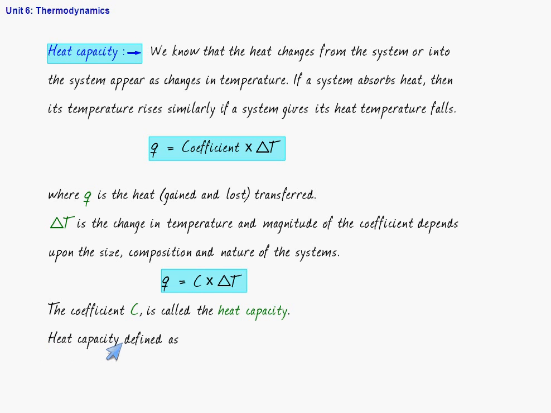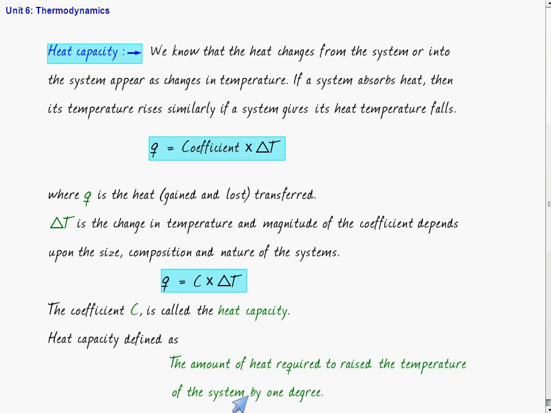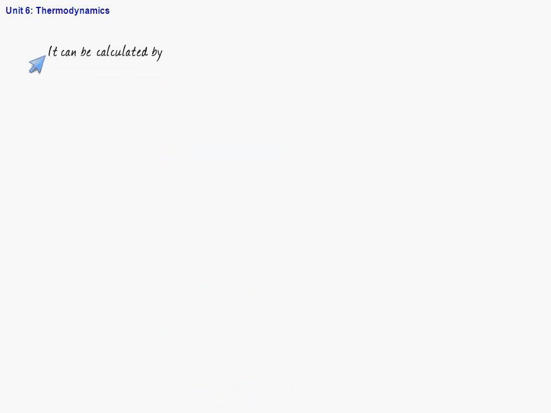The heat capacity is defined as the amount of heat required to raise the temperature of the system by 1 degree. It can be calculated by dividing the heat absorbed by the increase in temperature. The heat capacity C can be calculated by dividing the heat absorbed by the increase in temperature.